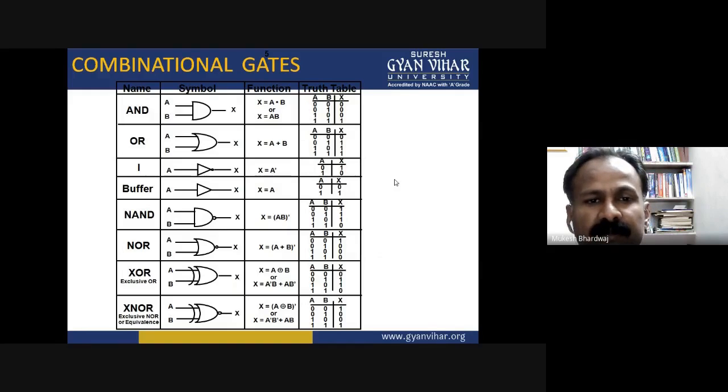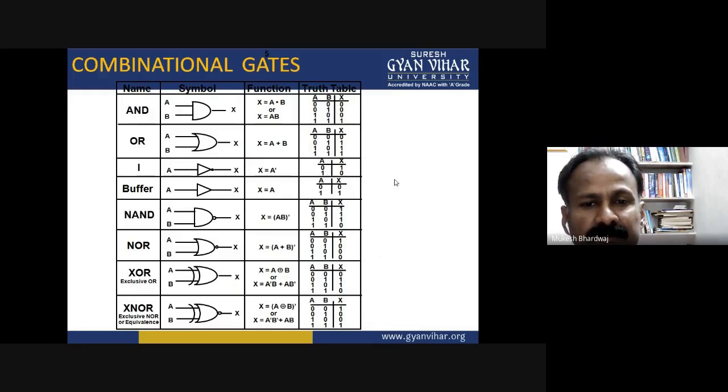Similarly, depending upon the function, there is the OR gate. Its function is x equals a plus b. Inverted or NOT gate: x equals a bar. That is, whatever single input you give, the output is its complement. Buffer is just the same: x equals a, whatever the input a, the output x will be the same.